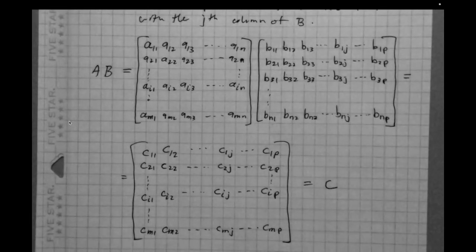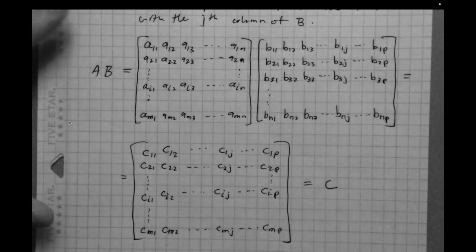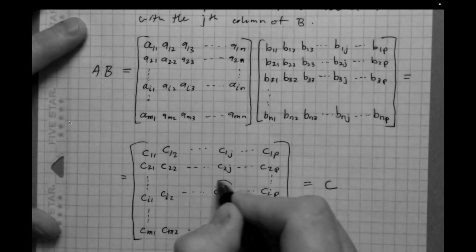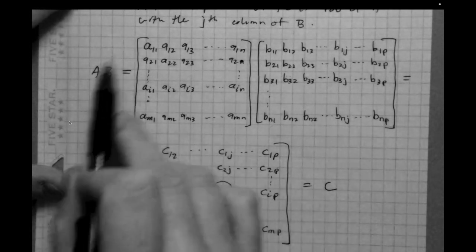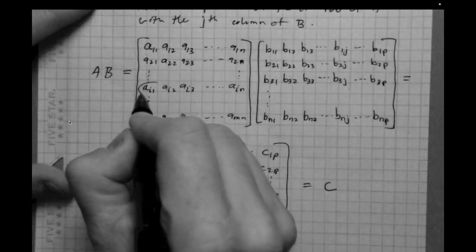So what the previous definition says is that the ij entry of the new matrix C, so let's circle that, that's this one right here that I've drawn, is the dot product of the ith row of A. So this is A, and I've drawn in the ith row.